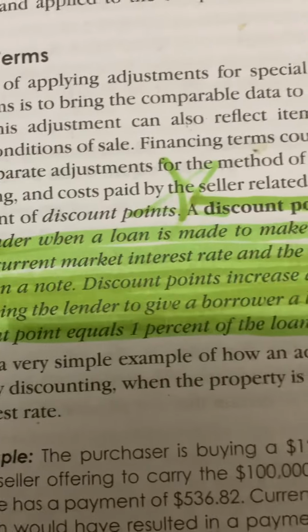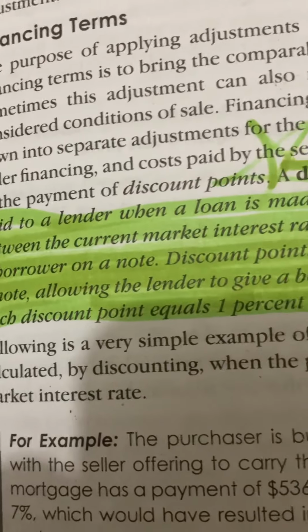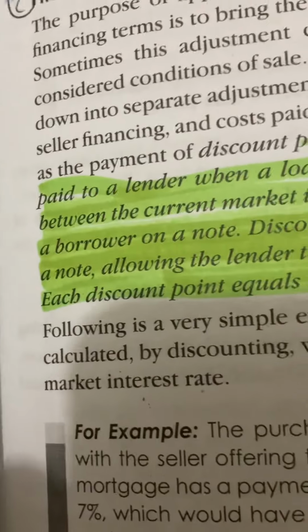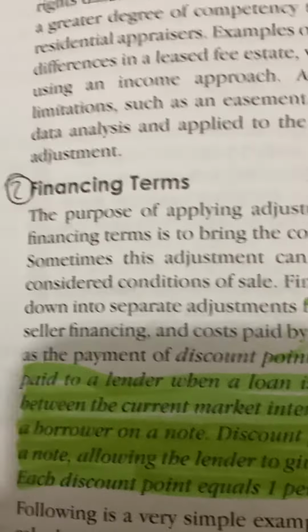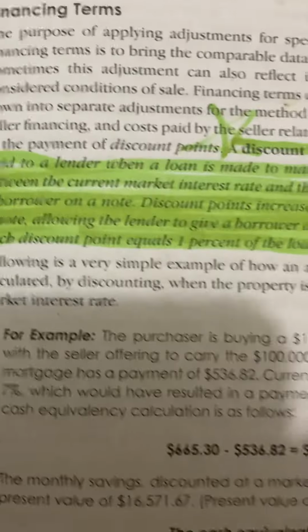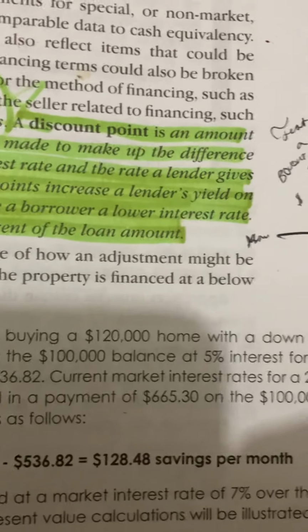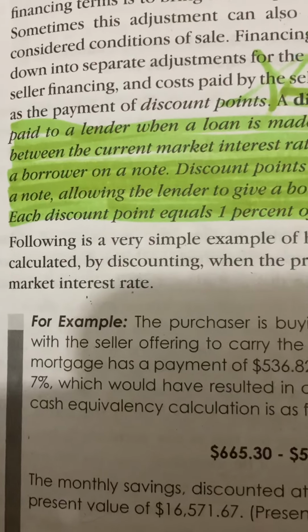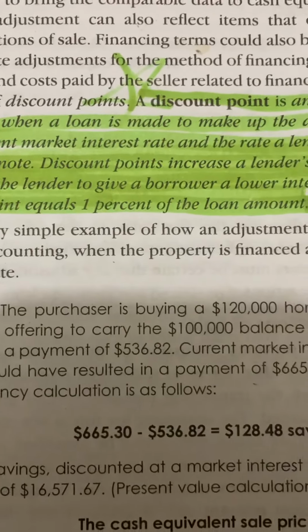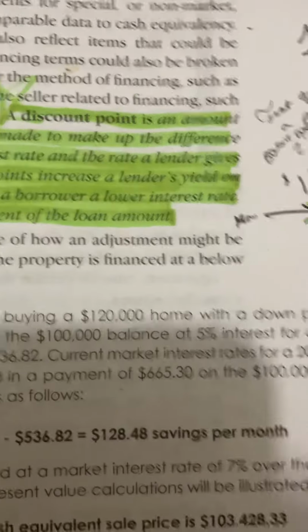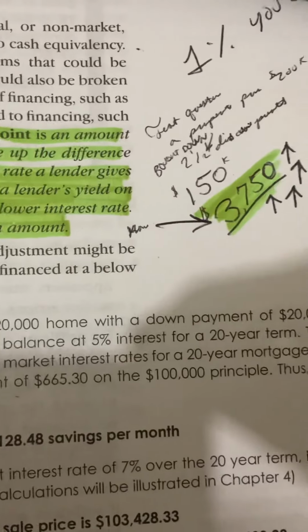Following is a very simple example of how an adjustment might be calculated by discounting when the property is financed at a below market interest rate. For example, the purchaser is buying a $120,000 home with a down payment of $20,000, with the seller offering to carry the $100,000 balance at 5% interest for a 20-year term.